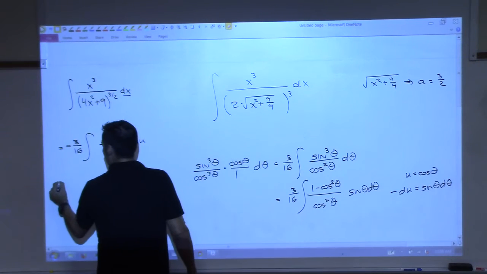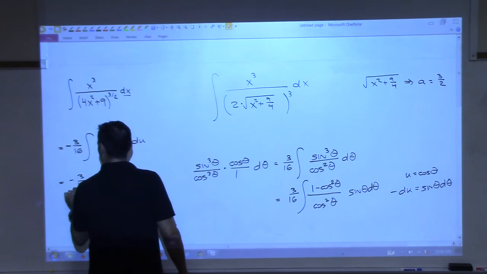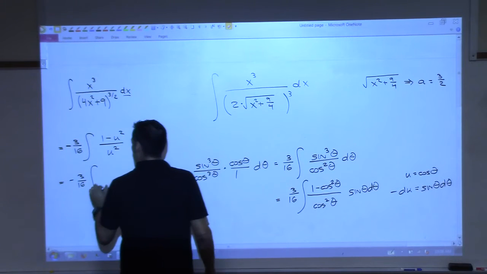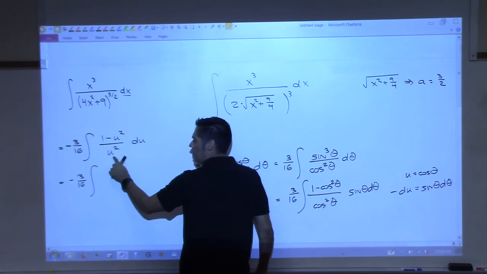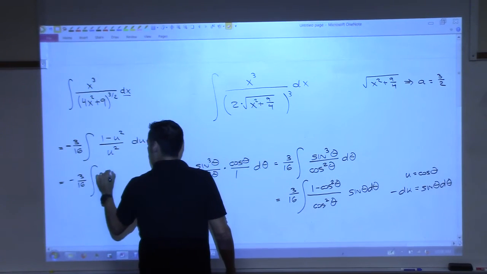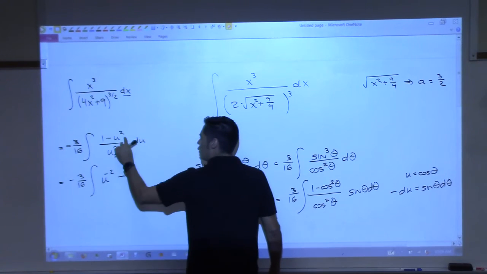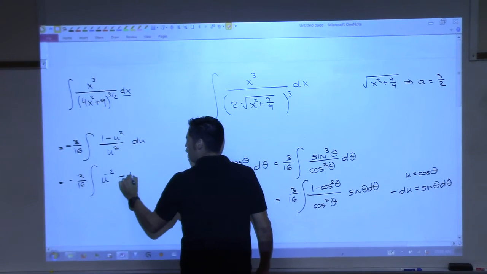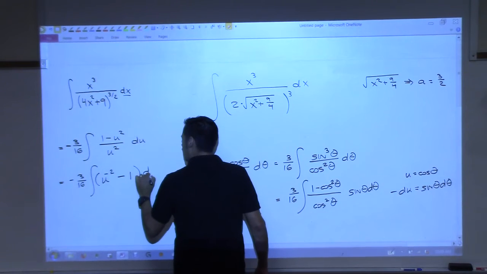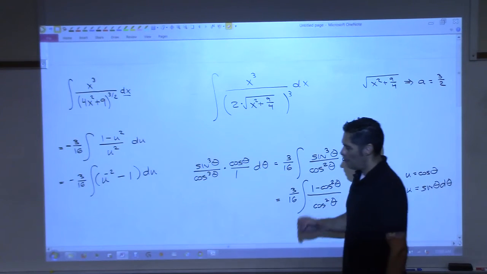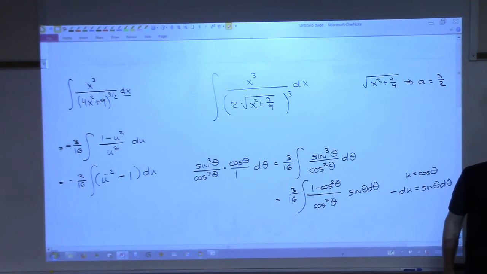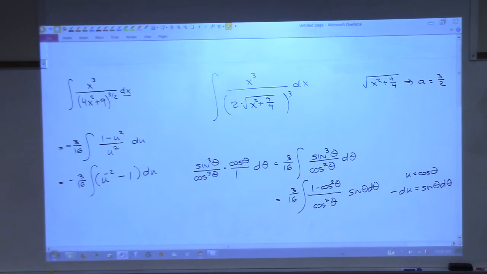So this becomes negative 3/16 integral 1 over u squared, which is u to the negative 2. And then minus u squared over u squared, which is 1, and then du. And at this stage, we can integrate.